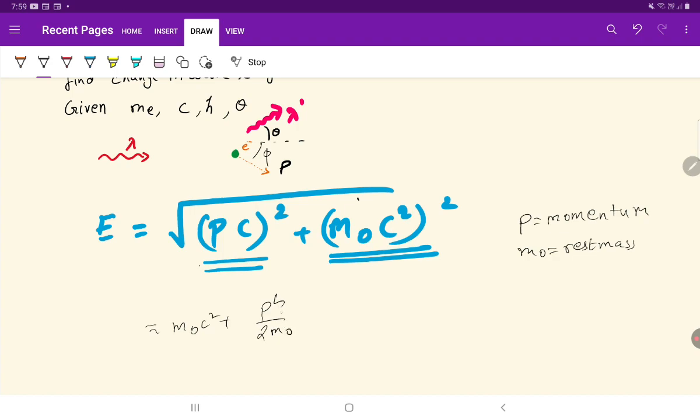Okay, and this relation comes out when v is much less than c, or you can write p is much less than m naught c. This is the limiting case. But while using this equation without considering limiting cases, we'll get an exact result.